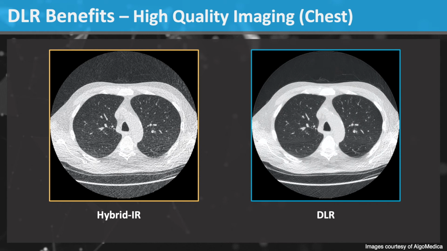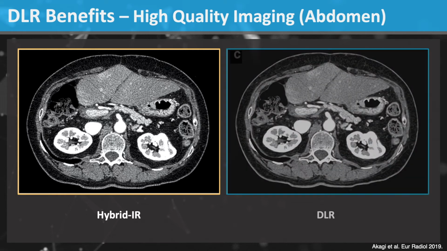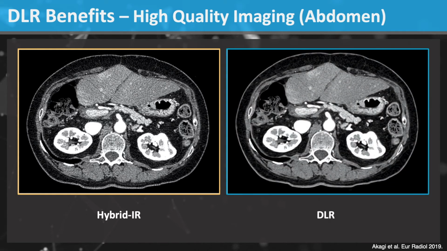DLR reduces image noise and improves image quality. This could improve diagnostic accuracy. This abdominal CT has high image noise, despite using iterative reconstruction. DLR reduces image noise and markedly improves image quality. These are actually thin slice images, but they look amazing.